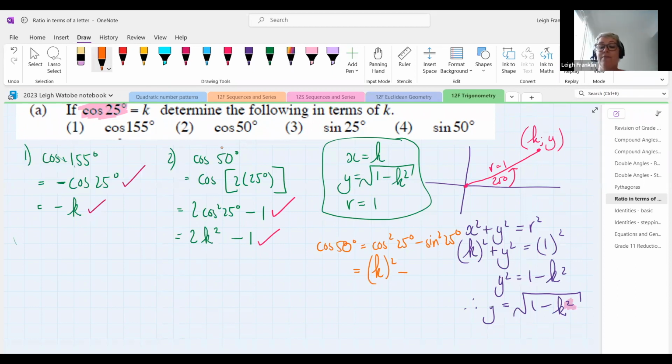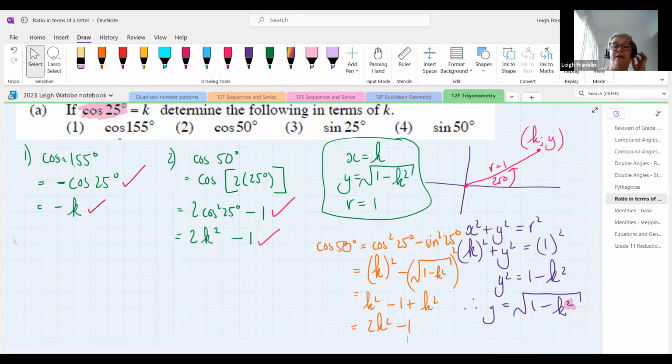The sine of 25 is root 1 minus k squared. So if we sub that in, we need to square it, which gives us 1 minus k squared. Negative times a negative is a positive k squared, because the square eliminates the square root, and k squared plus k squared is 2k squared minus 1. Do you see why it's the same answer? So it doesn't matter which one you use.